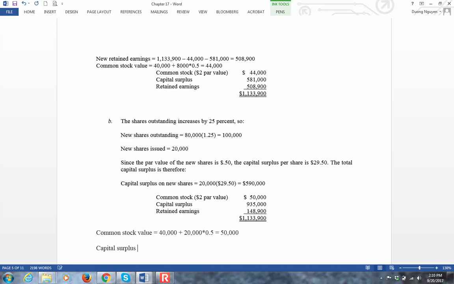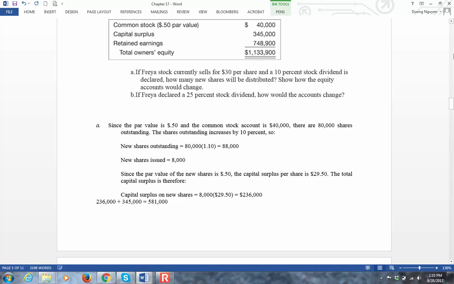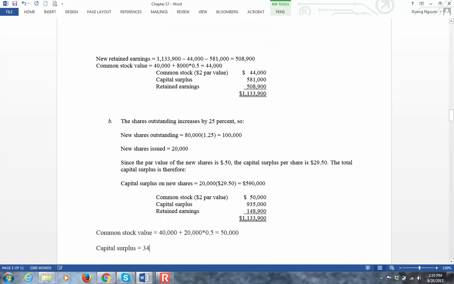The new capital surplus is equal to the previous capital surplus, 345,000, plus the new capital surplus, which is 590,000, and it is equal to $935,000.